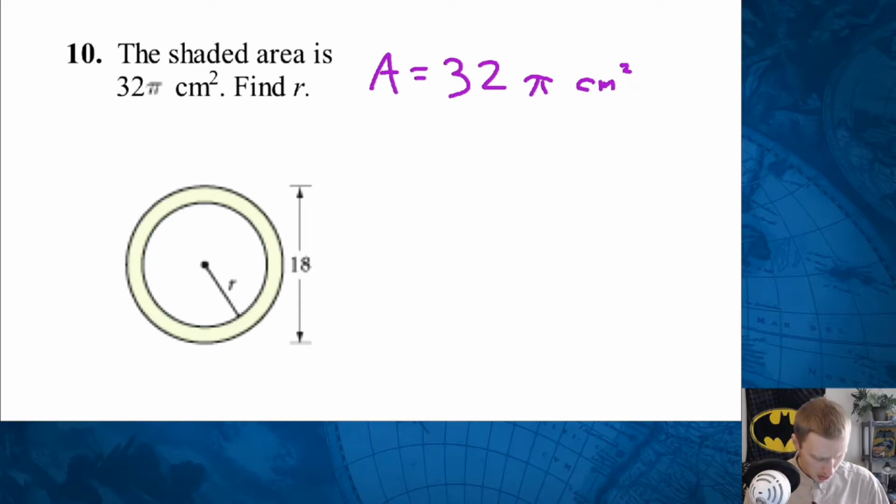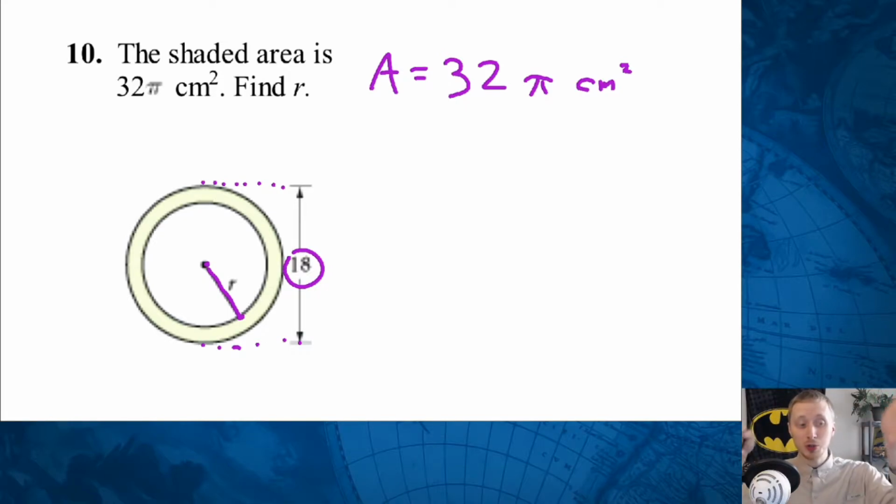Now, we are given that this 18 here is the distance. Let's see, that looks like it lines up with the outside of the circle, right? And this radius, as marked, only goes to the inside of the circle. So what we're doing is comparing an outside circle to an inside circle. I hope that makes sense. And so the shaded region, the annulus, is in between that.